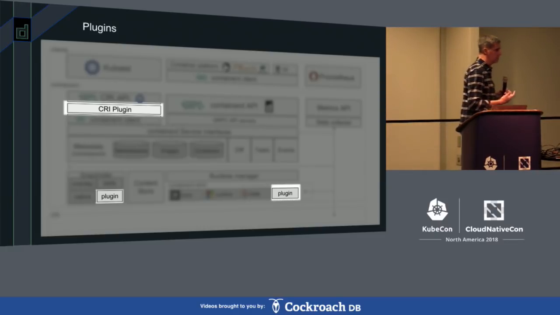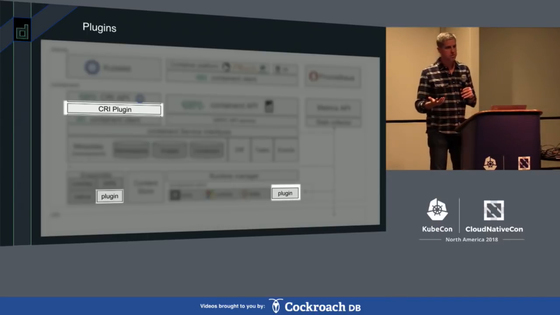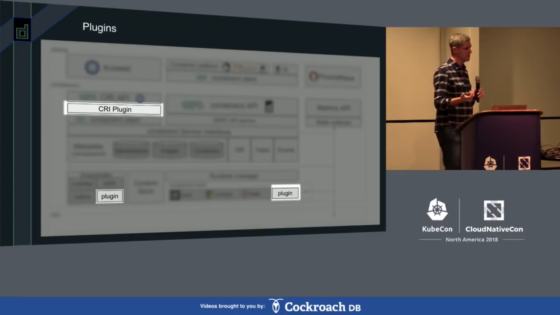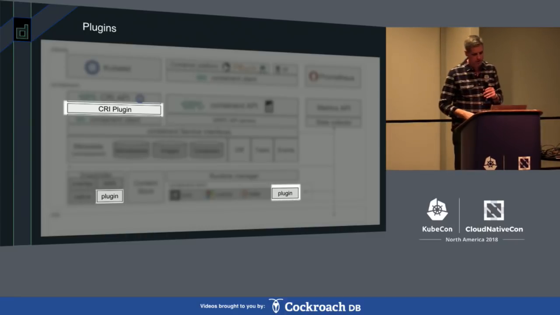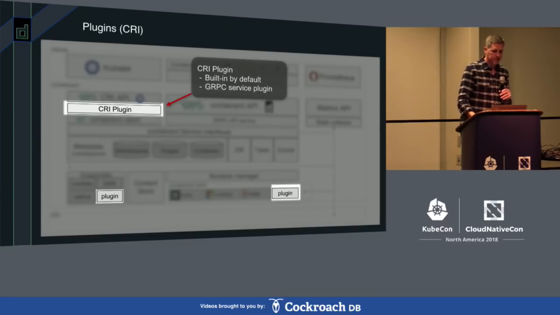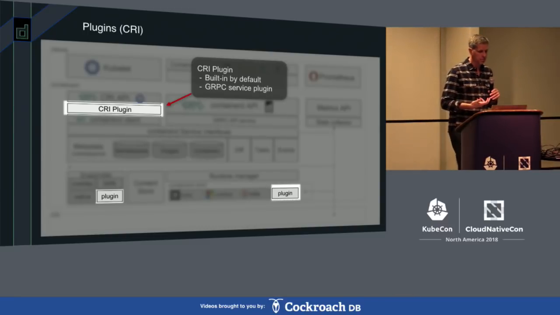As I said, with Containerd we focused on extensibility, being able to have plugins, and one of the most interesting plugins that exists today is the CRI itself, the CRI implementation within Containerd. That is a plugin. It is built into Containerd's binary by default.